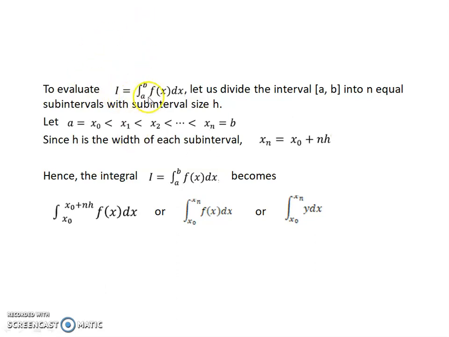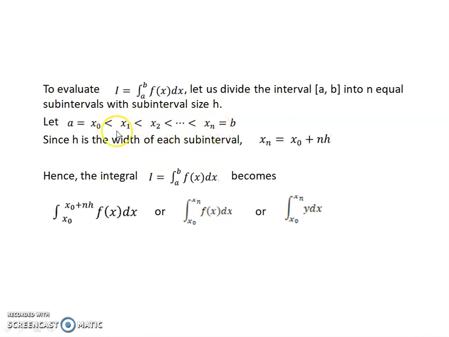To evaluate the integration, I is equal to the integral of f(x) dx from a to b, let us divide the interval ab into n equal subintervals with subinterval size h. That means we assume the initial point a as x0 and the end point b as xn. So x1 is x0 plus h and x2 is x0 plus 2h.